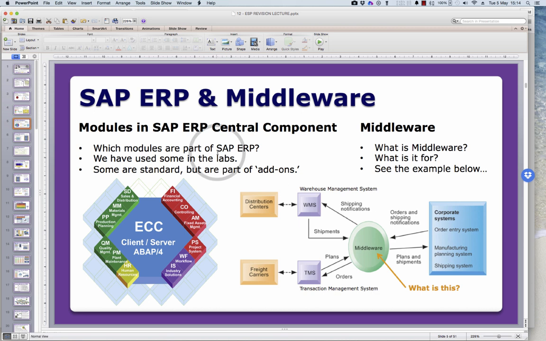Again, the exam format is multiple choice, so you're only going to be asked to make a selection from a series of options. You're not going to be asked to write an essay or even write one word. It's all multiple choice, and I'll show you the format right at the end of this little presentation.